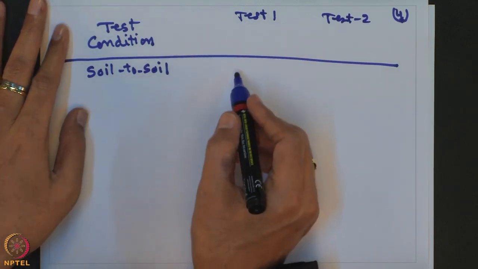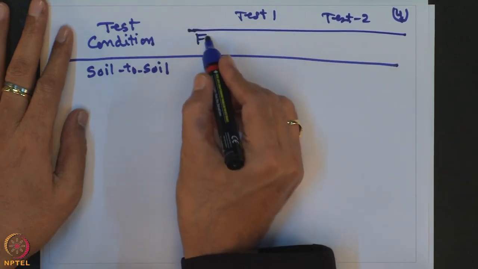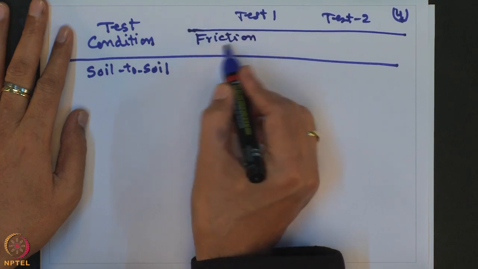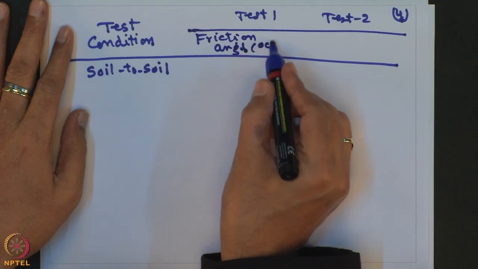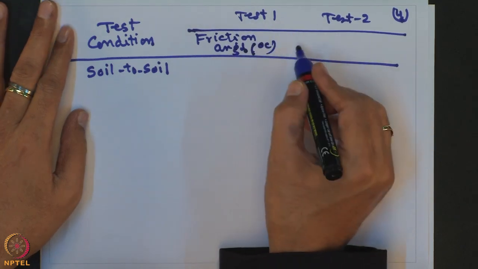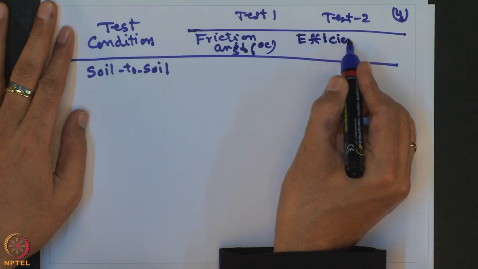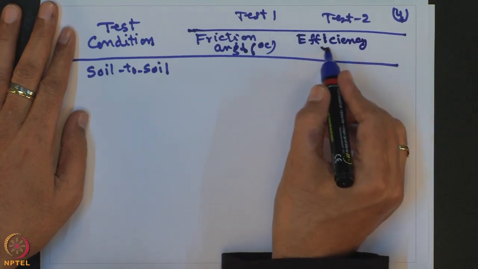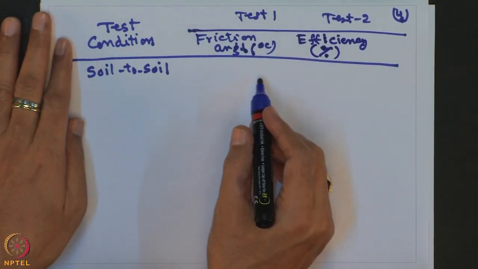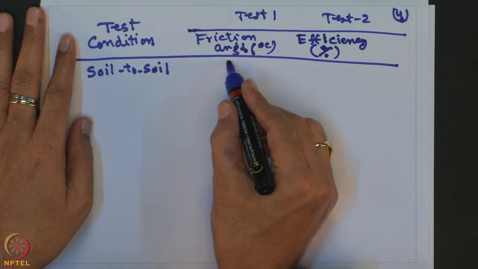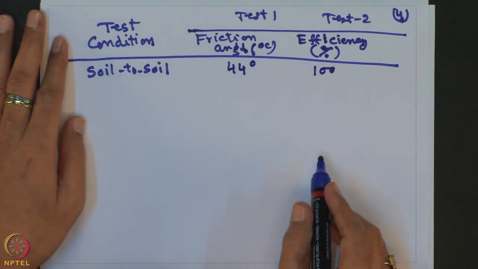So, what should be the friction angle for test 1, in degrees? And for test 1, what should be the efficiency? And that is in terms of percentage. So, if soil to soil, let us say friction angle is 44 degrees, so efficiency is 100%.